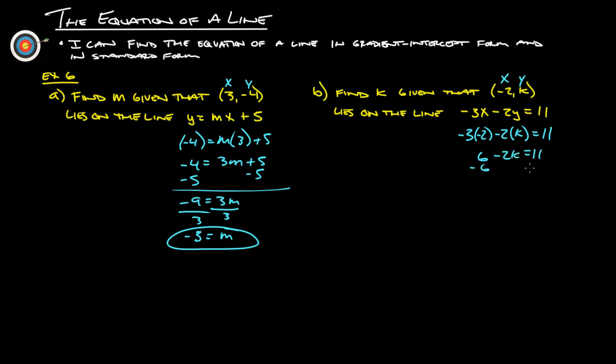Let's subtract 6 from both sides, and we get -2k equals 5. Divide by -2 and we get that k is -5/2, or I'd rather write it as -2.5.